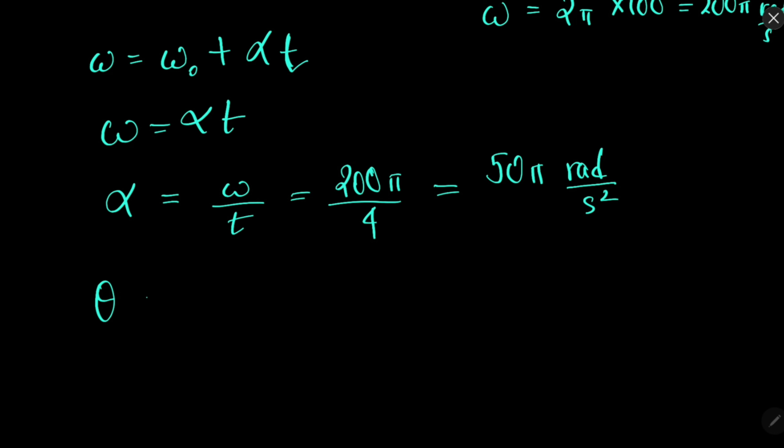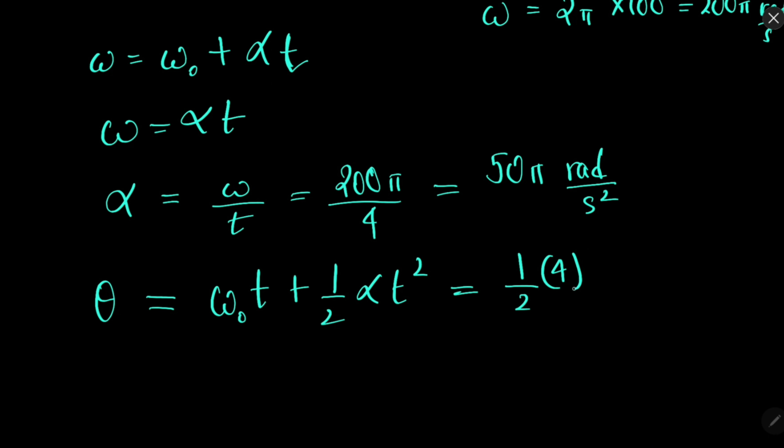Now we need to find angular displacement. So theta equal to omega naught t plus half alpha t square. So this term will be 0. So what we will have, half into time, 4 square, that is 16, and alpha is 50 pi.